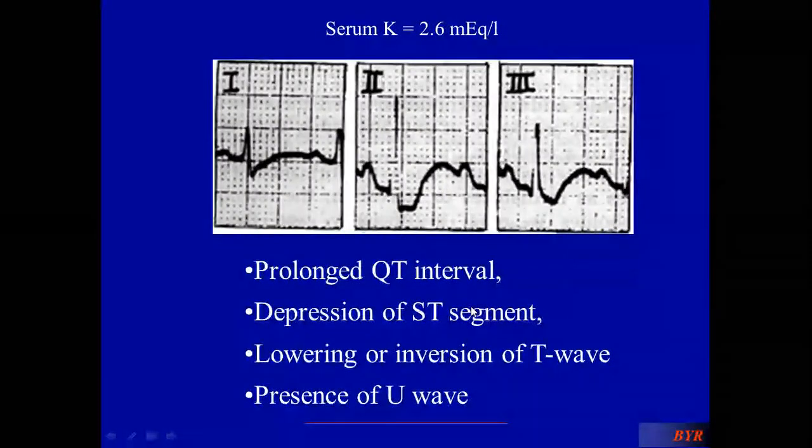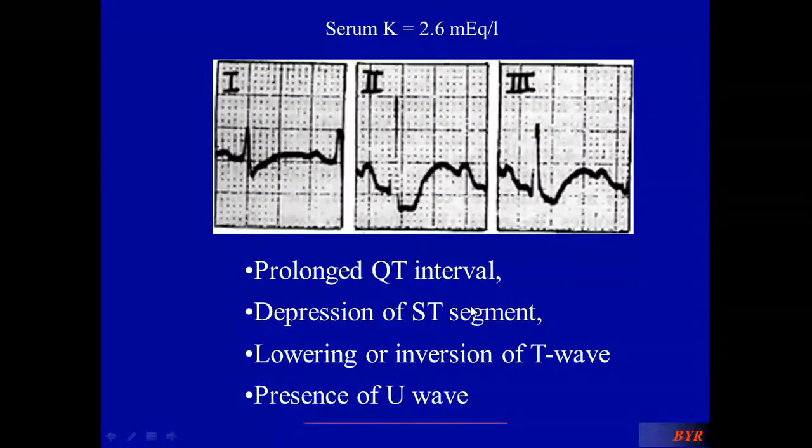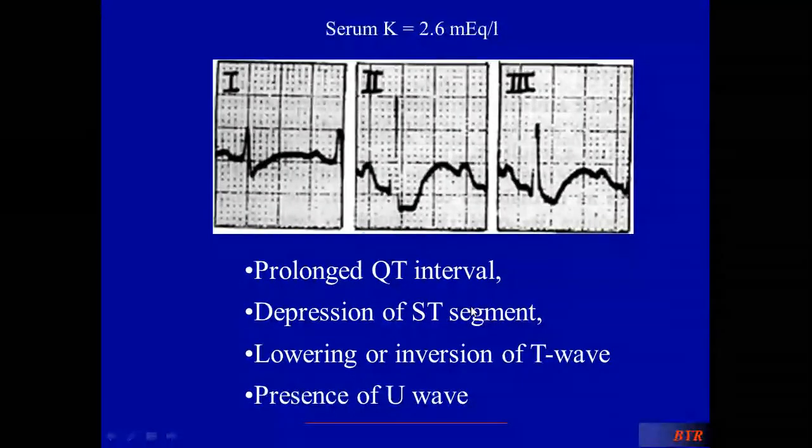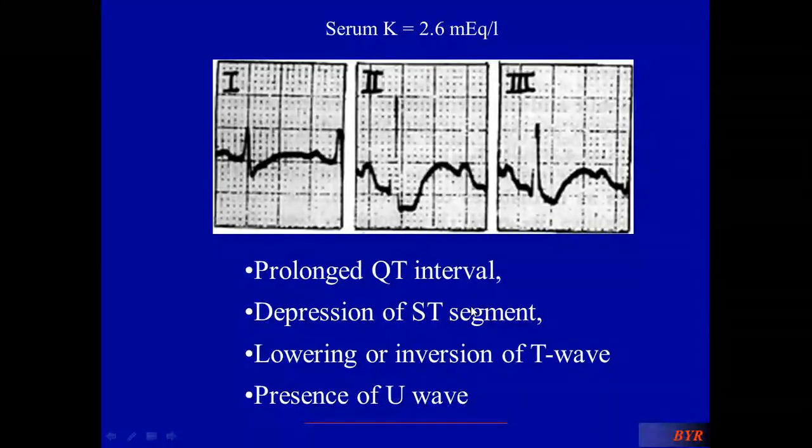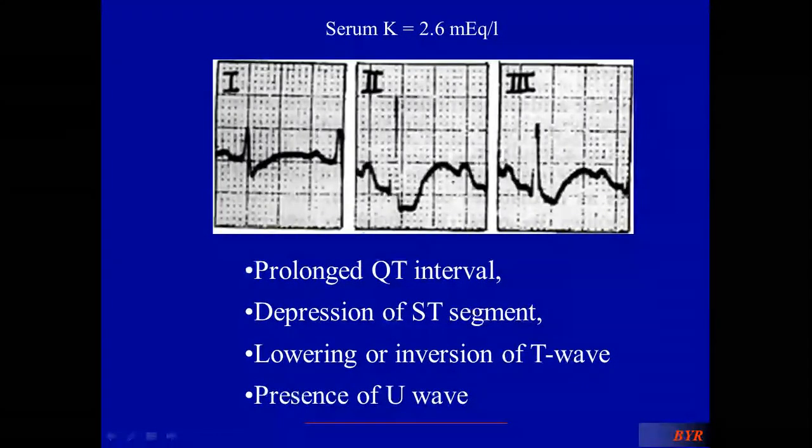So these are the ECG findings in hypokalemia. You have to learn these ECG changes by heart because in the PG entrance examination, and as short notes, this is frequently given.